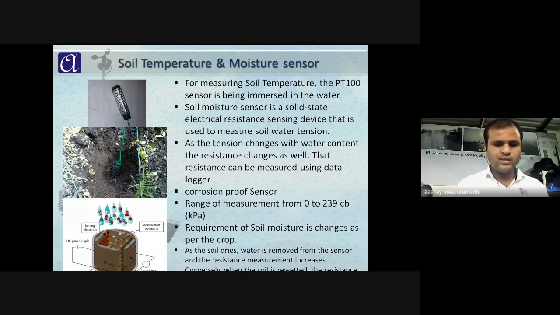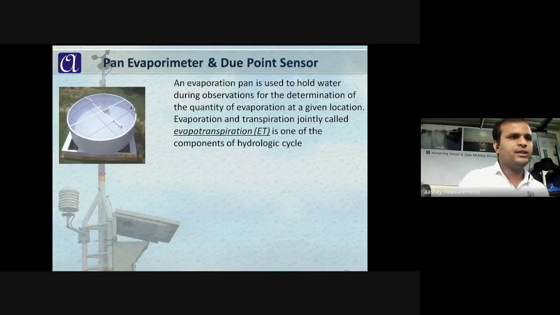By installing these sensors in the farm, we can control the irrigation, that is the water supply required to the crop as per the requirement. Then the next sensor is the pan evaporimeter sensor. This sensor is used to measure the evapotranspiration rate of the water.